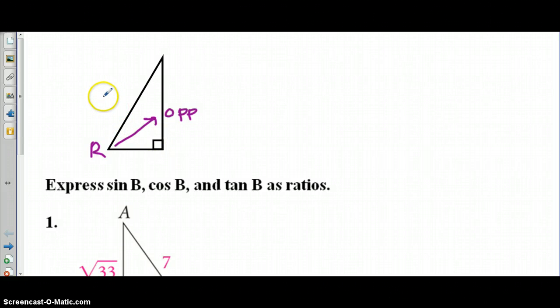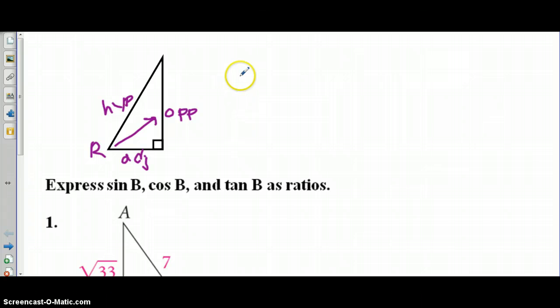The side across from the 90-degree angle is always called the hypotenuse, so we'll label that as HYP. And the other leg of the right triangle, adjacent or next to our reference angle, is called the adjacent side. So we're going to label that as ADJ.